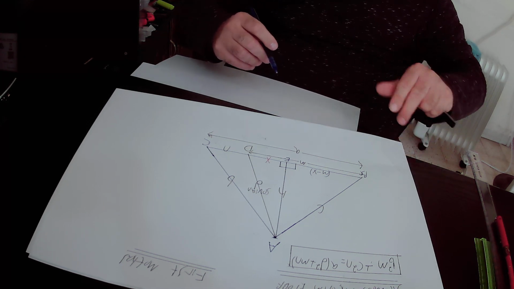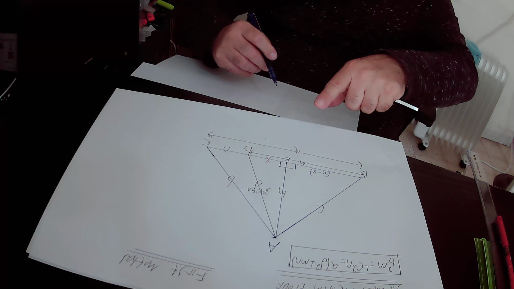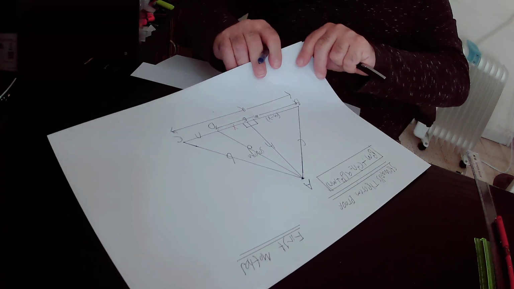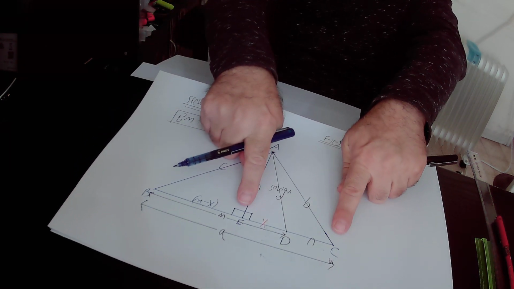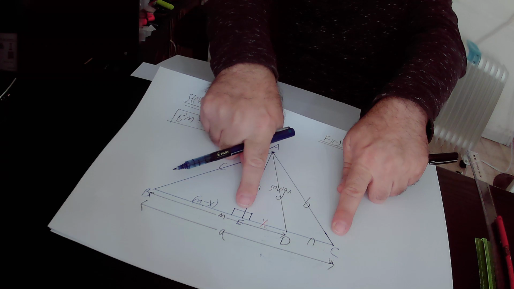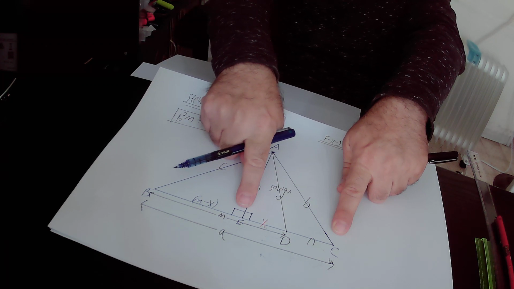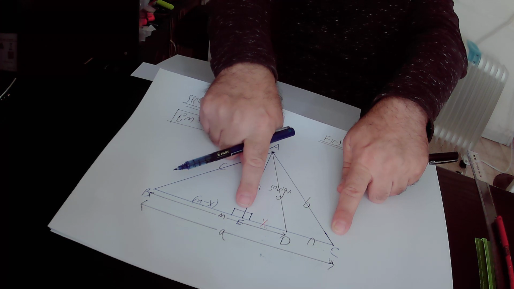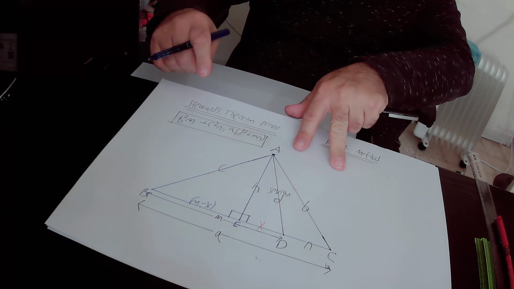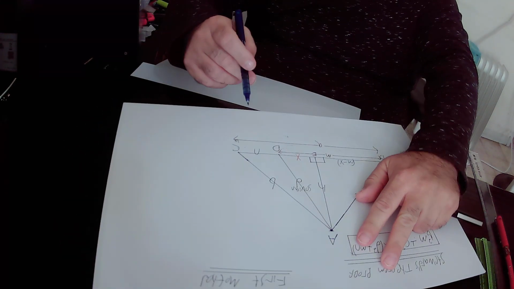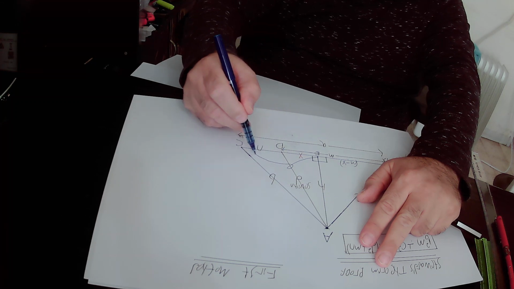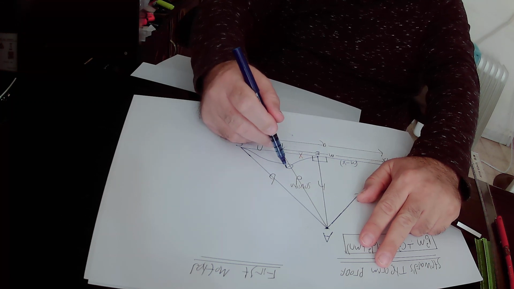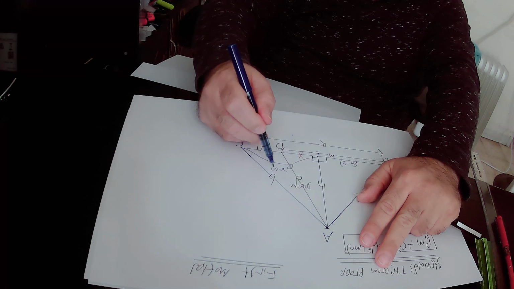And from the drawing, it is very easy to see that the length of line segment EC equals ED plus DC. That is to say, EC equals X plus N units.